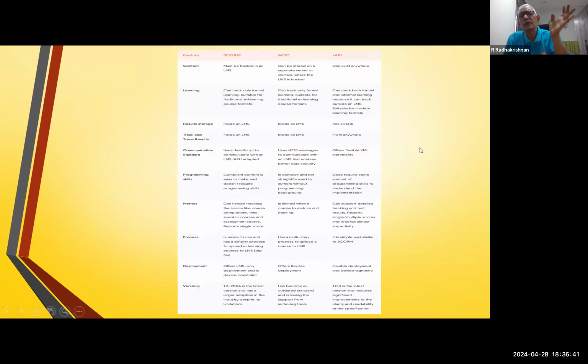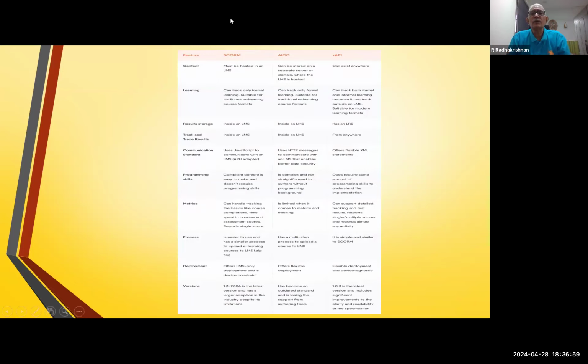Now, when we talk about a comparison between SCORM, AICC, and xAPI, there are various aspects, right from content and learning to result storage. What are the features that you are looking for from an e-learning system?